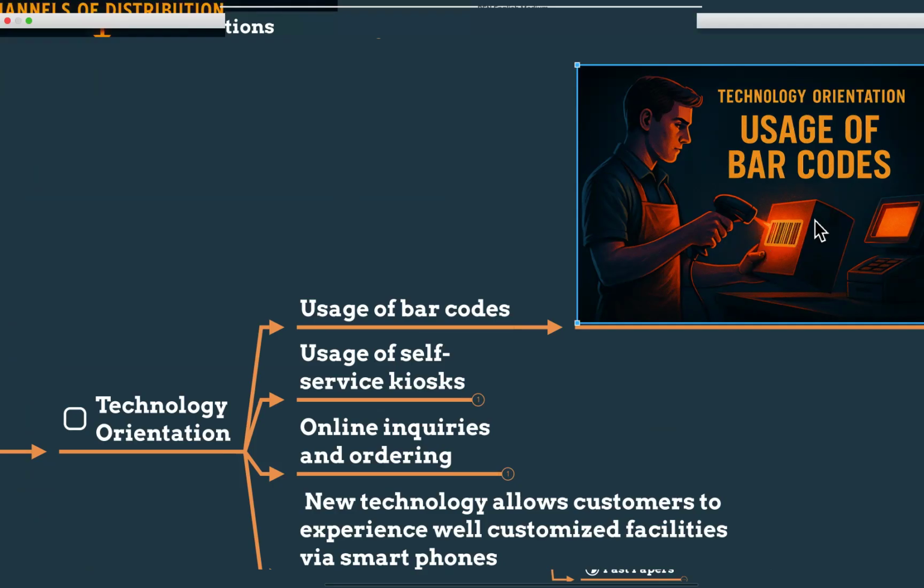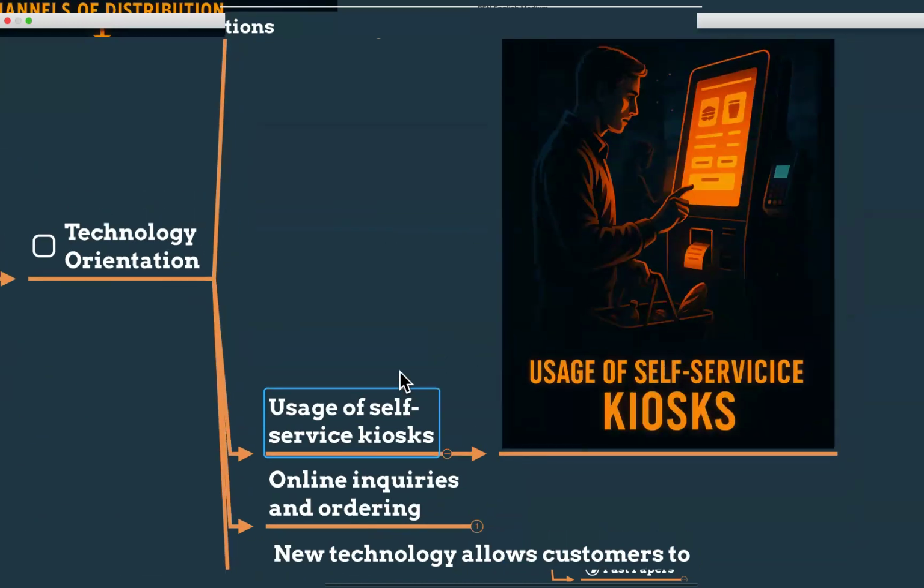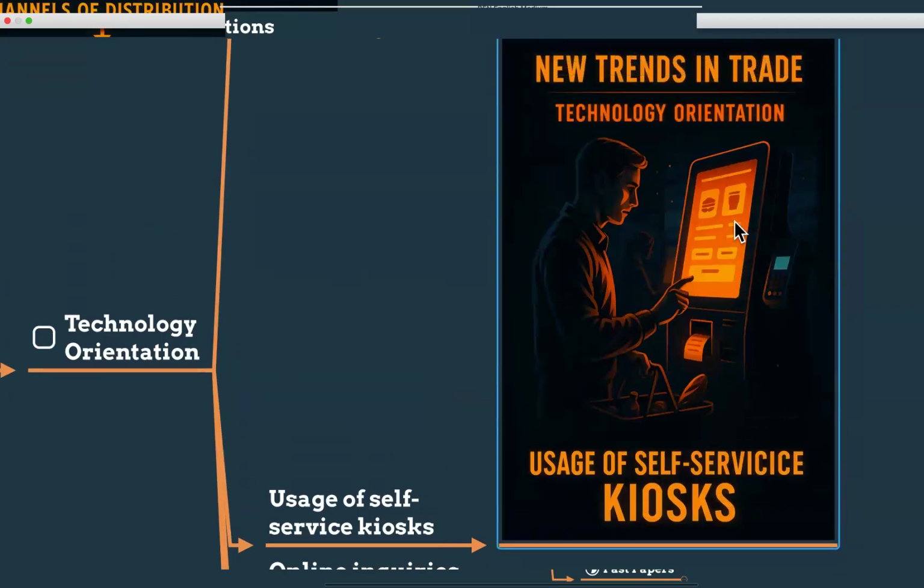If you have a chance to go to Arpico, watch how fast the Arpico checkout is with barcode scanning, how fast in Food City, right? That's technology orientation, it's coming, it's a trend. And the usage of self-service kiosks is not very famous in Sri Lanka, my dears. But it will be in future, and in foreign countries it's there.